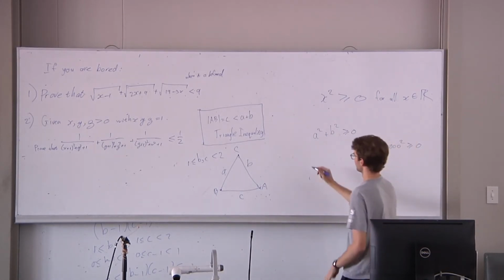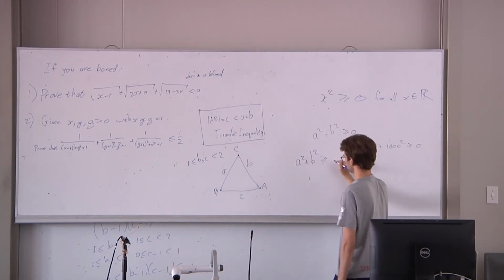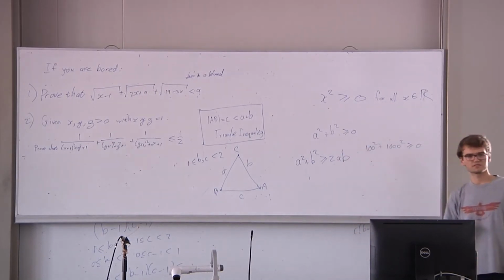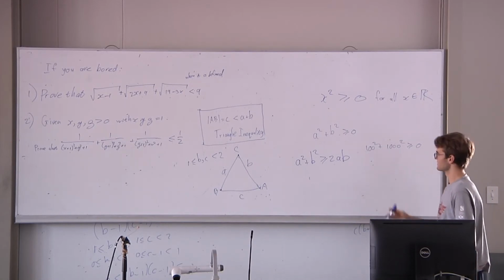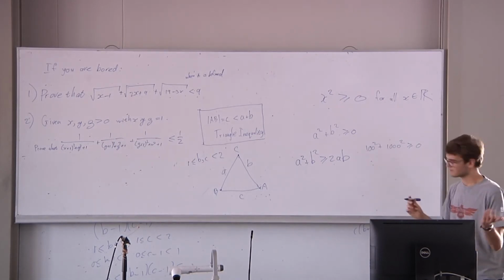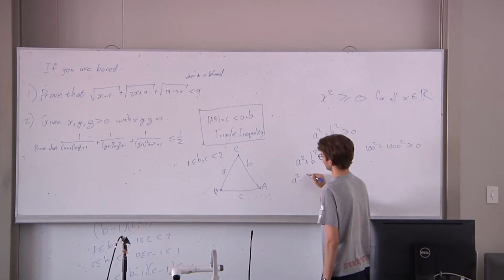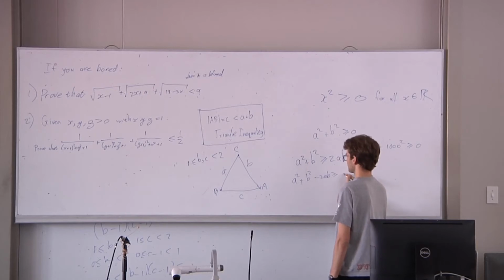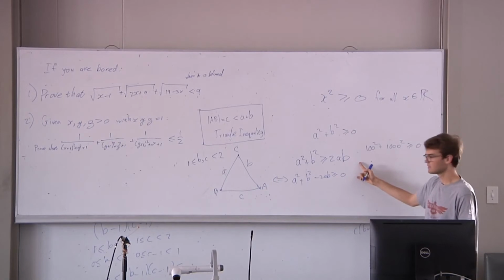And you get stuff like prove that a squared plus b squared is greater than or equal to 2ab for all real values a and b. So this one is quite similar. If you haven't seen it, what you do is a squared plus b squared minus 2ab is bigger than or equal to 0. So these two things are equivalent statements.